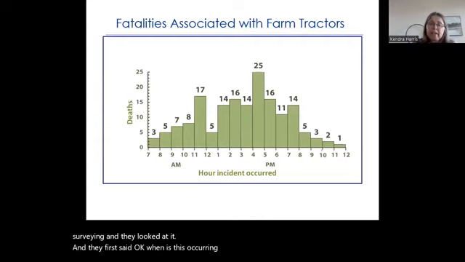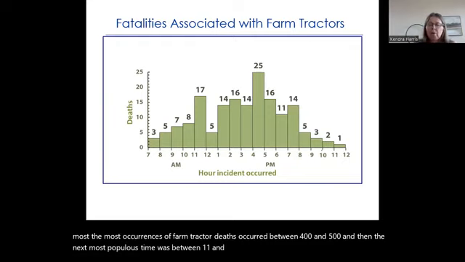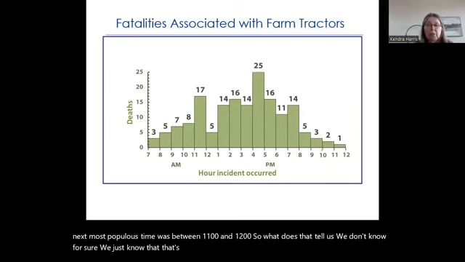If you look at this graph, you can see that the most farm tractor deaths occurred between 4 and 5. The next most populous time was between 11 and 12. So what does that tell us? Well, we don't know for sure. We just know that those particular times were dangerous.